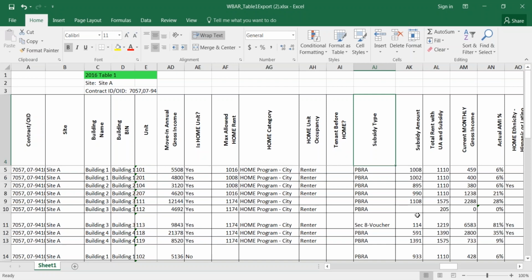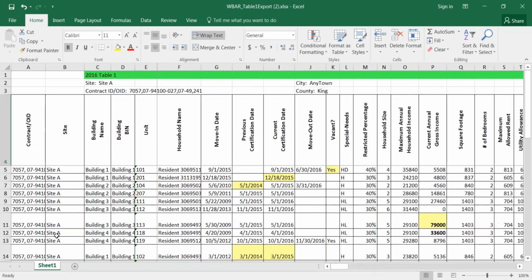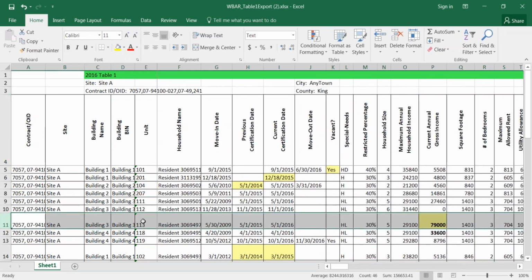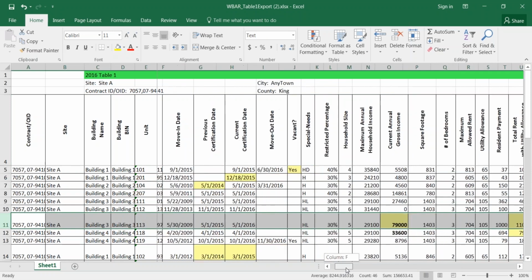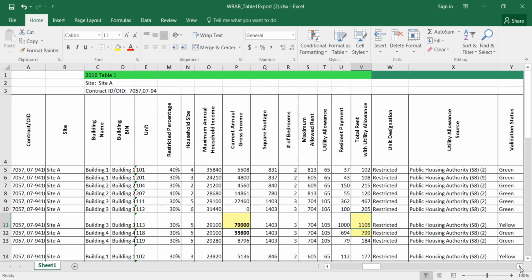It's a little difficult to go through via this Excel export in a webinar training, but you can see, for example, Unit 113 that we talked about, this was that over-income household. WBARS is going to highlight and bold the income, so that's a clue there. And this is also a clue that there is a problem with the rent, that highlight.